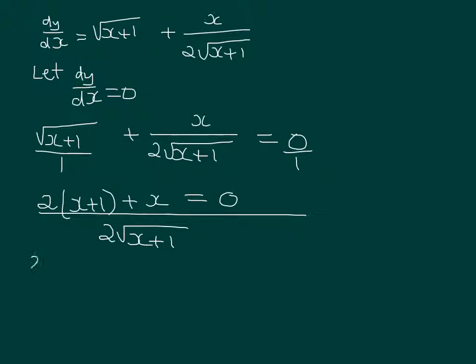So if we then lift it off and multiply it out, we get 2x plus 2 plus x equals 0, 3x equals minus 2, or x equals minus 2/3.